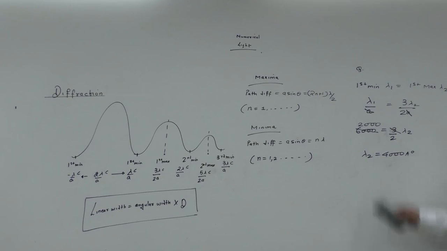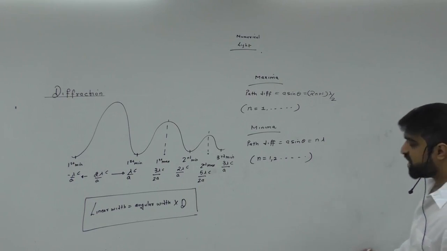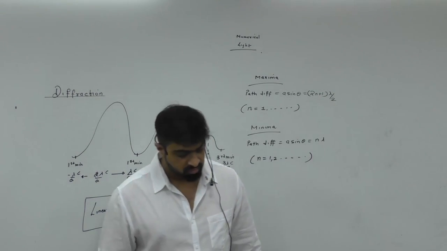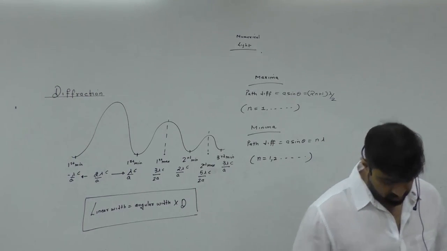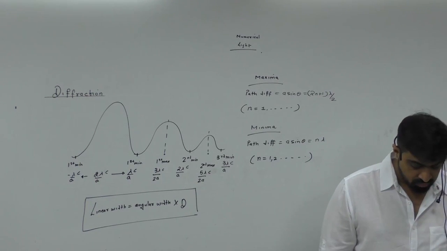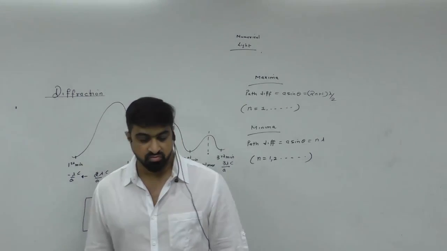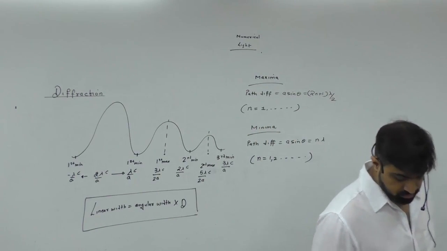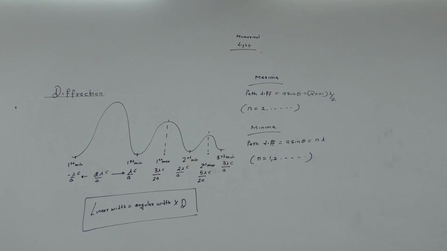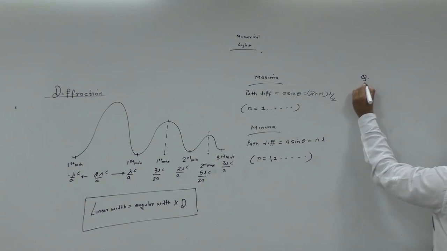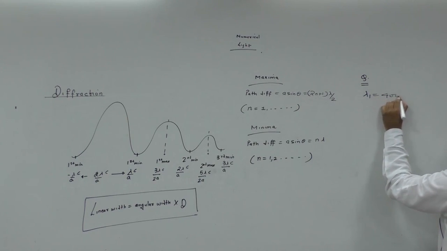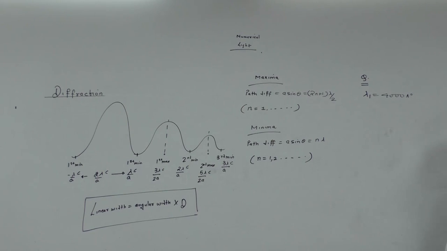Next, when half of the slit is covered, with lambda 6,000 Armstrong, what is the width of the central maxima? Okay, what is the question saying? When lambda 1 is 4,000, the width of the central maxima is y. Listen here.